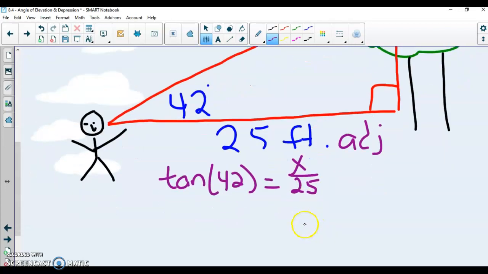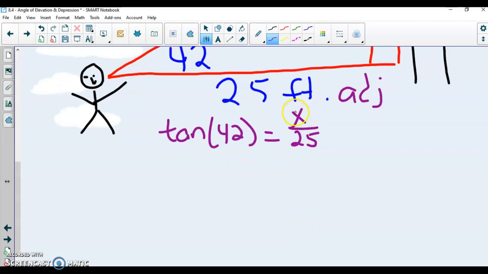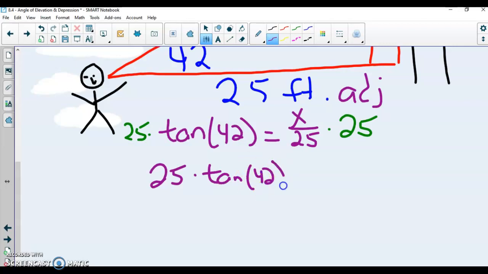All right, and now we want to get x by itself. So I want to do the opposite of dividing x by 25, which would be to multiply both sides by 25. So I'm left with 25 times tangent 42 equals x.